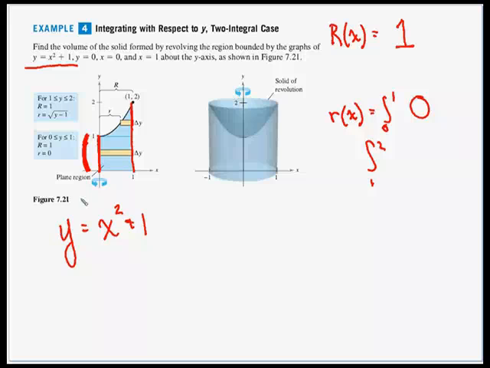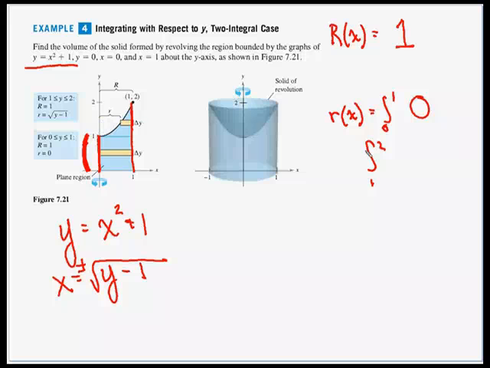So we want to solve this and have this equation as x equals something. We want our function to have y's in it since we are integrating with respect to y. So if we subtract 1 from both sides and then we take the square root of each side, we're going to get x equals, well, it would be plus or minus the square root of y minus 1. But here in the picture we see that we are dealing with everything in the first quadrant. So we wouldn't be interested in the negative root there, just the positive one.